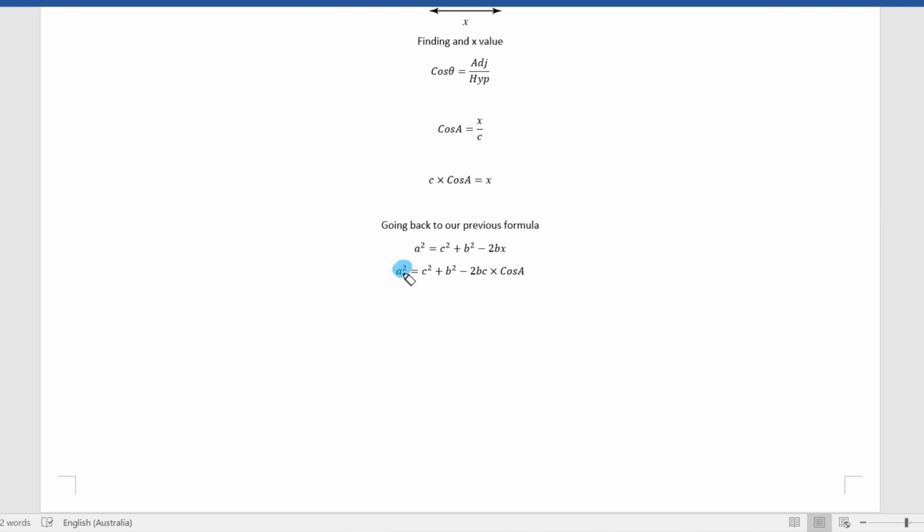That only, or a, little a in this case, only appears once. Next, I've got C, and that appears twice. Okay. Next up, I've got a B, and that appears twice. Now, I do have one more unknown, and that's right here. That is my A value.